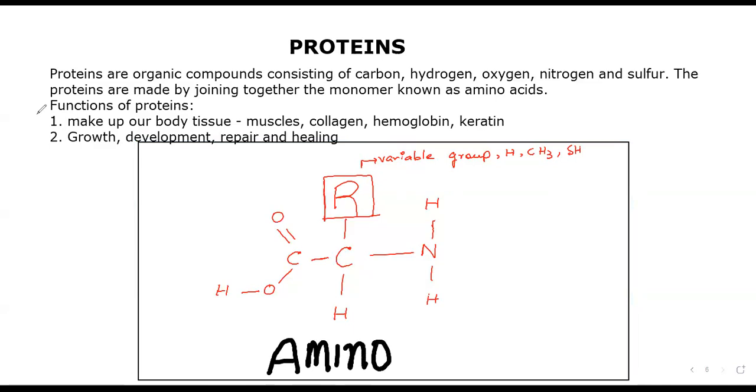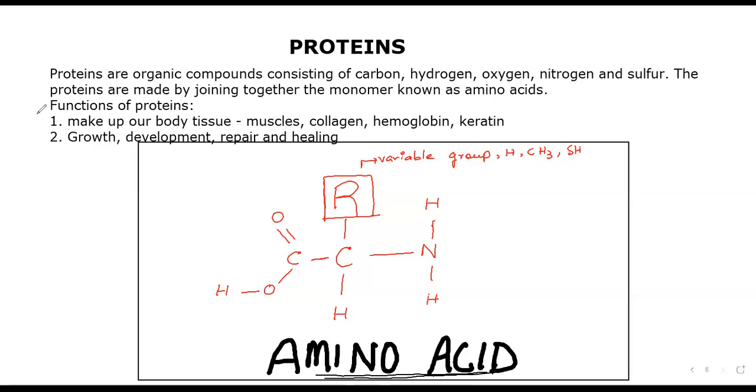The question you can ask me is, how does that happen, miss? How is it that one protein is responsible for transporting oxygen while the other protein is providing strength and support? Why are we seeing this difference?